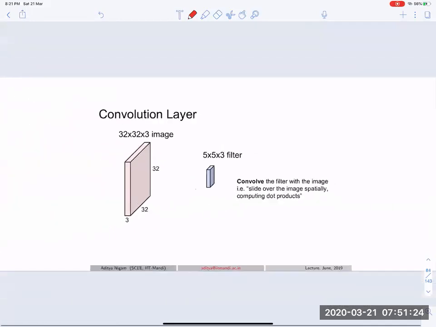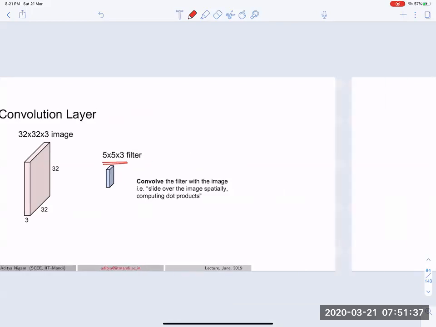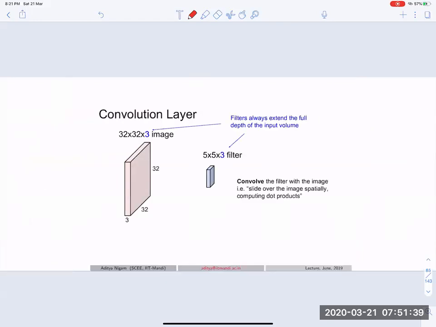Now if I wanted to apply a 5 by 5 by 3 filter over this, what does it mean? First of all, let us understand that if it is a 5 by 5 filter, then suppose at this point I wanted to apply it, it is going to take a 5 by 5 patch around this pixel.